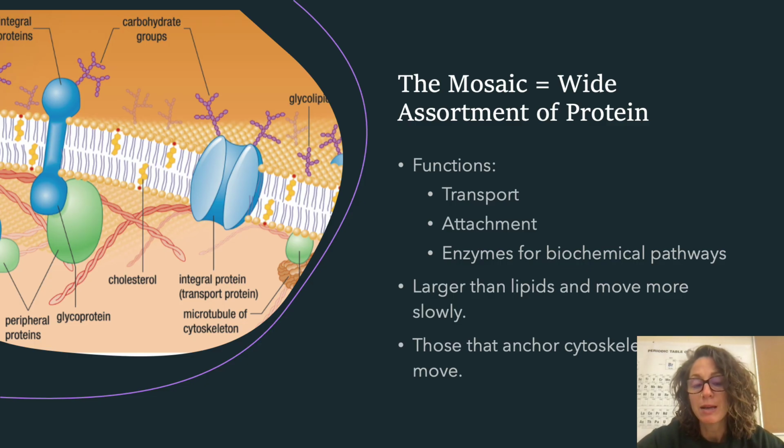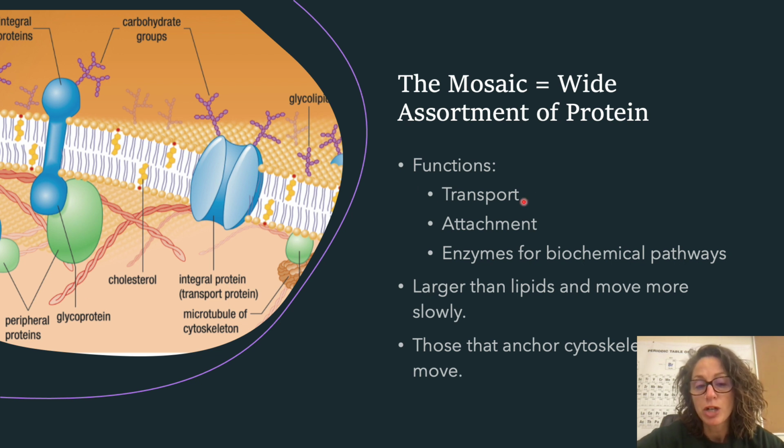Okay, the mosaic means, for those in art class, mosaics usually consist of a lot of different parts. So that's where the mosaic part of the name comes from. We have a wide assortment of proteins that exist in the cell membrane, and they have different functions.